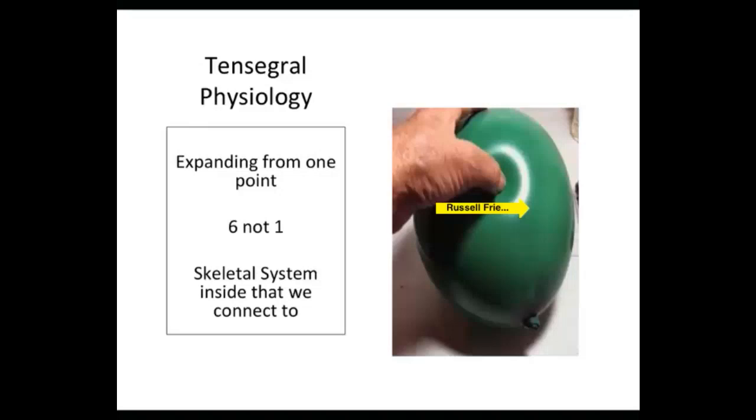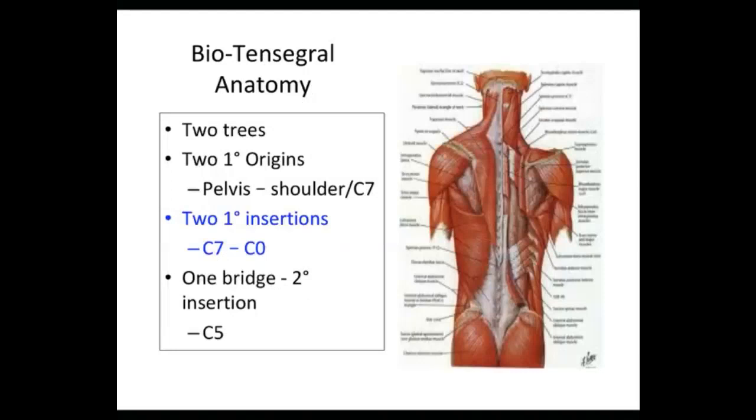So we've got to integrate this skeletal tensegral system to understand how, when we put energy into it, we optimize it so that we can release everything as fast and as optimally as possible. Okay, so any questions on that? Okay. All right.